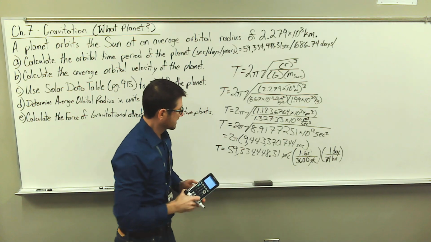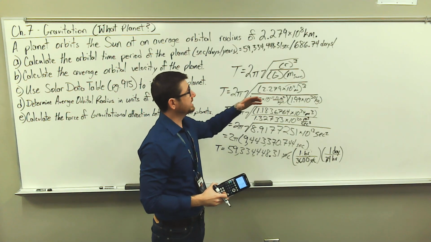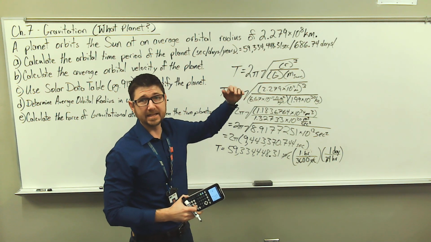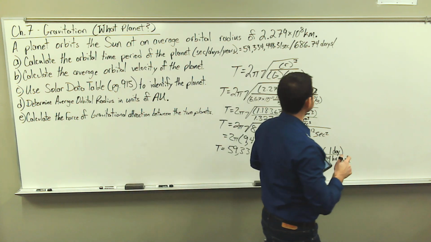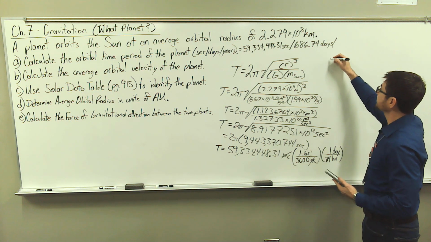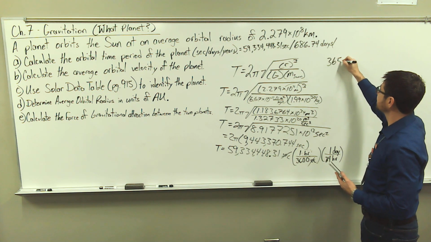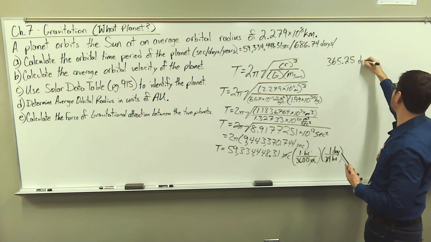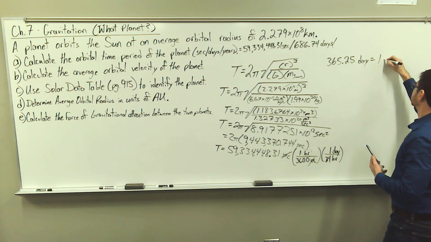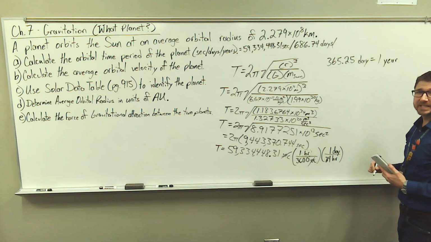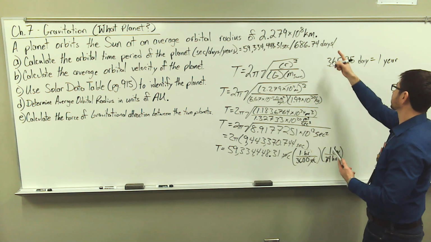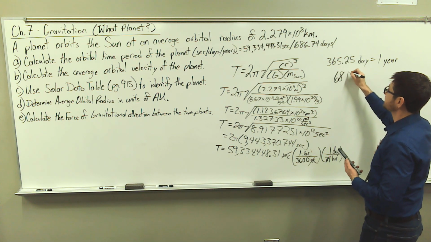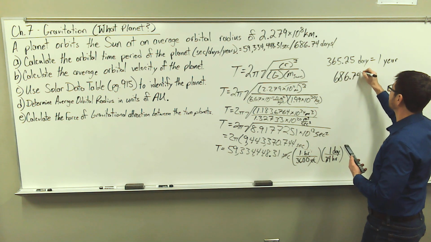Okay? Now, we need to convert from units of days to units of years, and we have a conversion factor. We know that there's 365.25 days for each year. Okay, so I'm going to write my value again, 686.74 days.